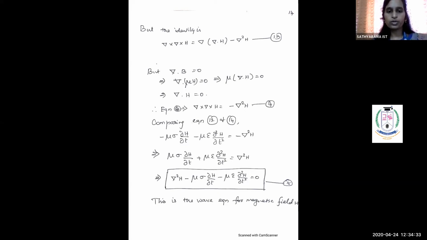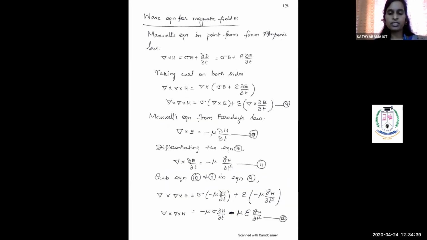Now you are going to equate your 14th equation with the previous equation, that is the 12th equation, which is there at the bottom of your PPT: del cross H is equal to minus mu sigma dou H by dou t minus mu epsilon dou square H by dou t square.